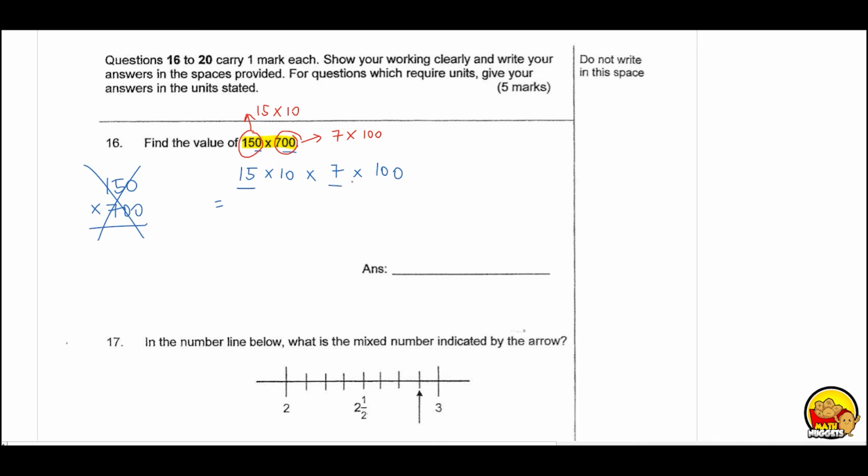So I'm just going to take 15 times 7 and do the working. 15 times 7, that's 105. Afterwards, we times 10 times 100. Anything times 10, we just add 0, right? So that's 1050 times 100. Now times 100, I just need to add 2 more zeros. So that's my answer, 105,000.